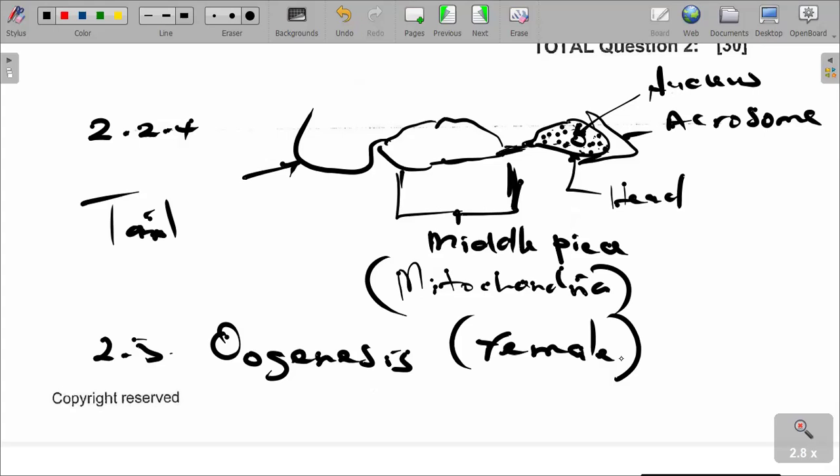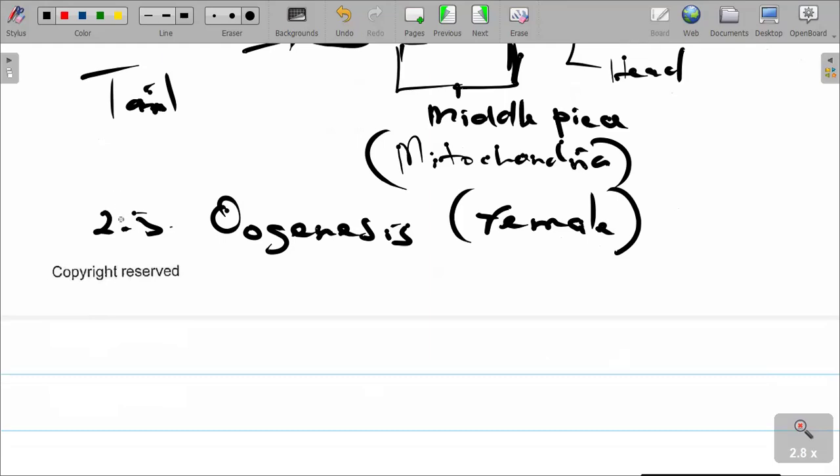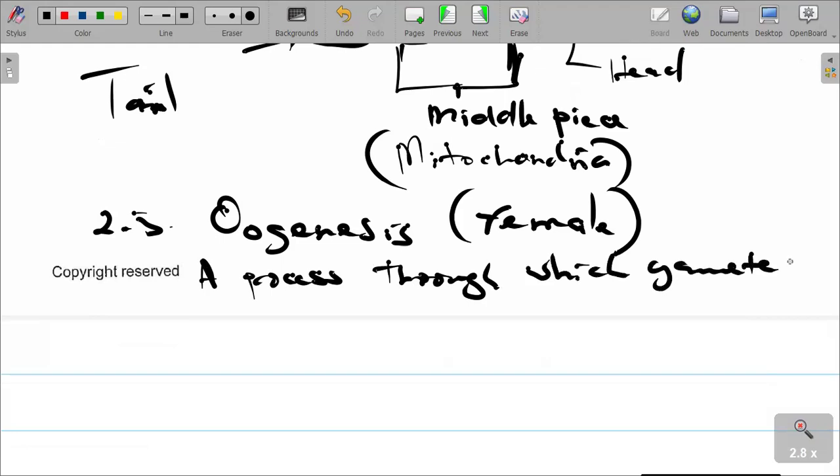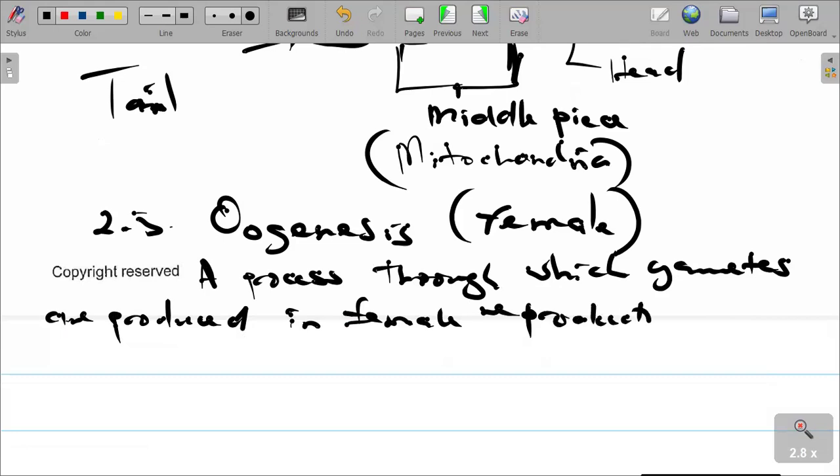It is a process through which gametes are produced in the female reproductive system. We talk about oogenesis.